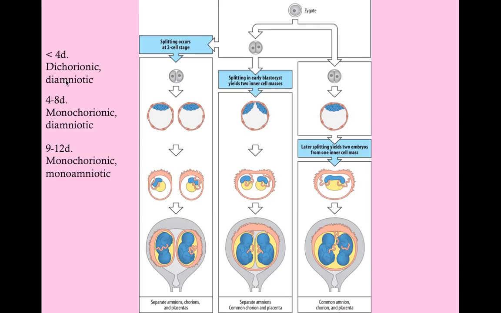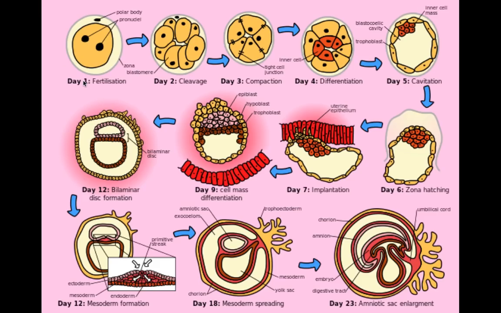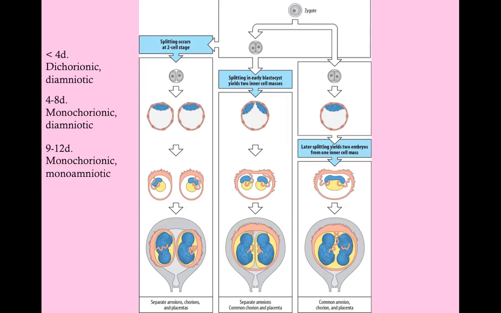2 chorions, 2 amnions. If the splitting occurs after the trophoblast has formed, but before the amniotic sac has begun to form, so between day 4 and day 8 roughly, then you are going to have 1 chorion because the trophoblast is already formed, but you're going to have separate amniotic sacs because the amniotic sac has not begun to form yet.